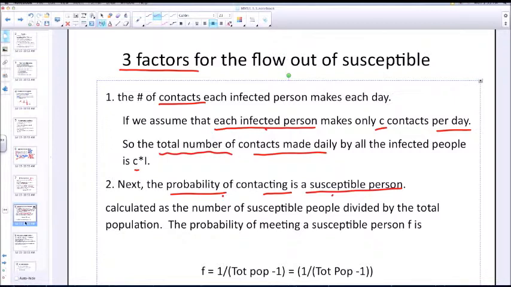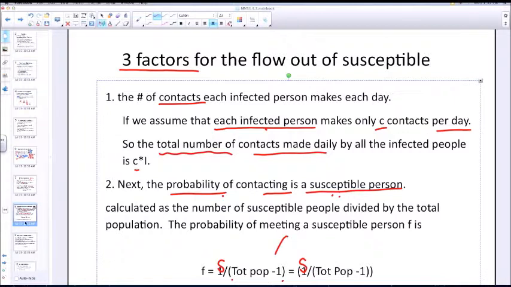So given one infected person, the probability the contacted person is susceptible equals the number of susceptible divided by the total population minus 1.